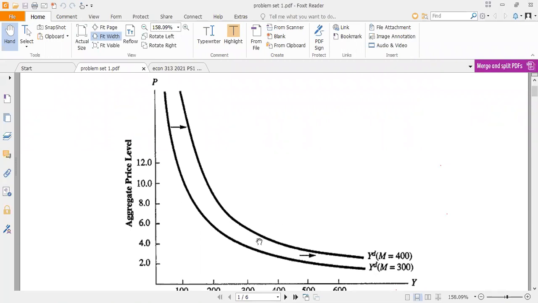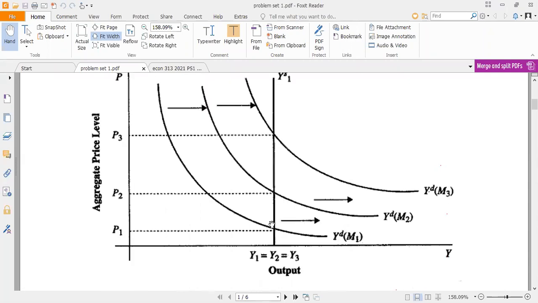And we know that under this system, we have a vertical AS curve. The aggregate supply curve is vertical. So now what happens when we keep on increasing money supply? What is the effect of an expansionary monetary policy on the level of real output? Let's start from this equilibrium point where the money supply was just M1.